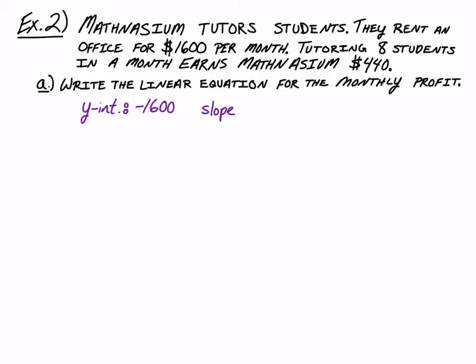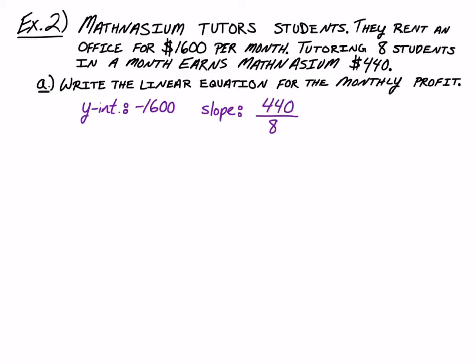Now the question is, how do we come up with the slope? Well, we sort of have this rate of change thing going on. It looks like 8 students, $440. So if we can think about that in terms of 440 over 8. So the money you make over the number of students you tutor.